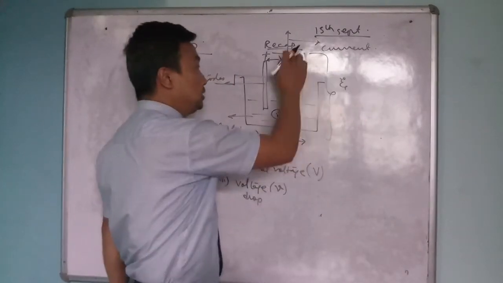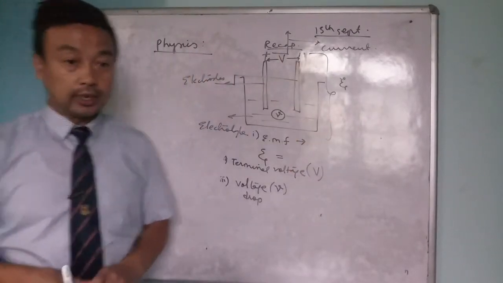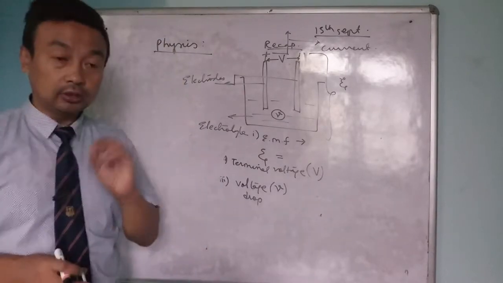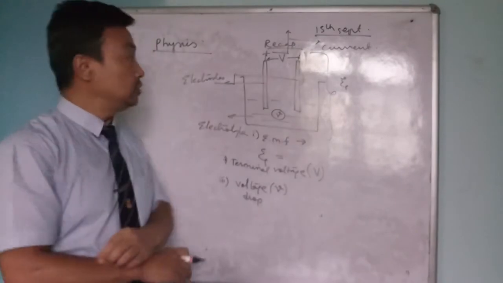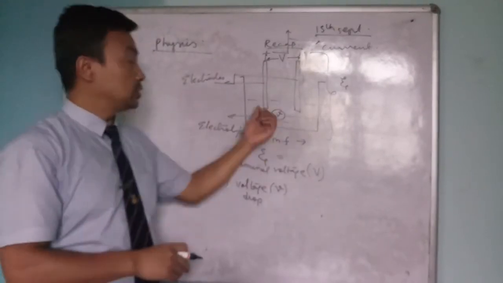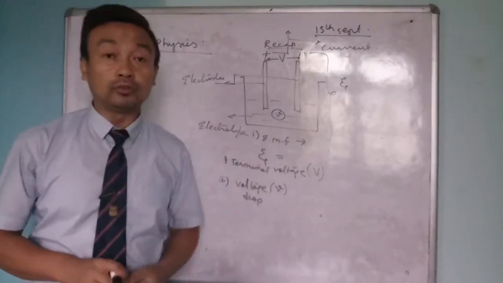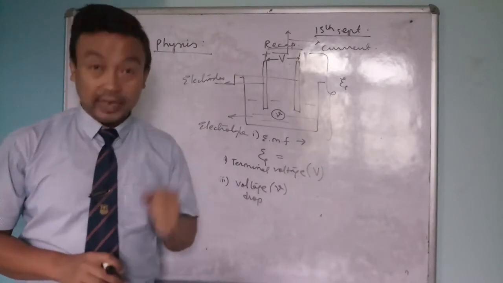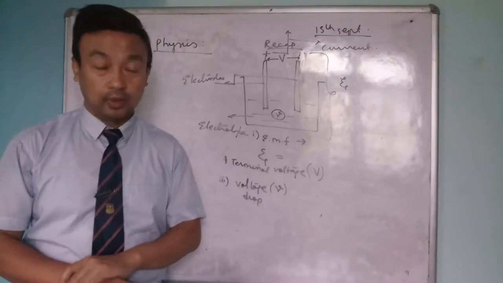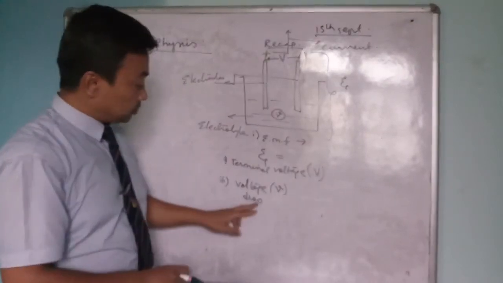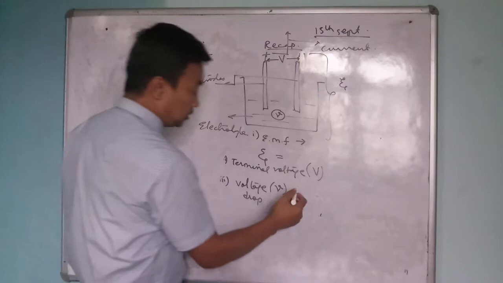So we have three potential differences. We also discussed another term, the internal resistance of a cell, which is the resistance offered by the electrolyte inside the cell to the flow of the current. And the formula for that voltage drop was also given like this.